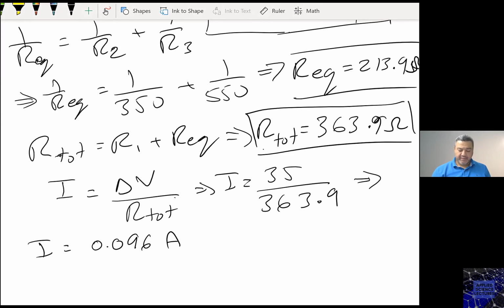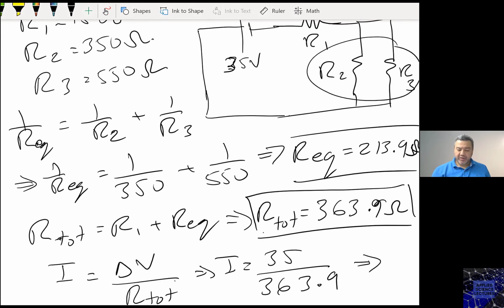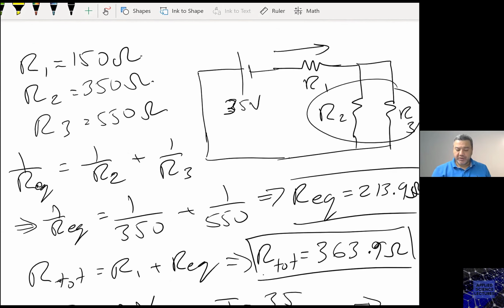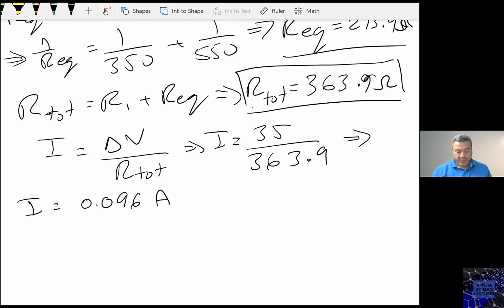So this is the main current going in here, 0.096 ampere.